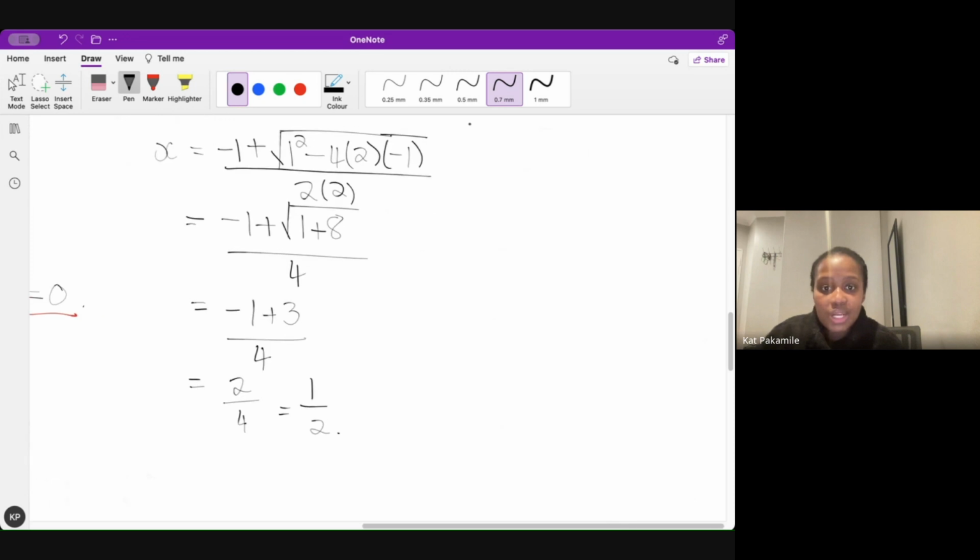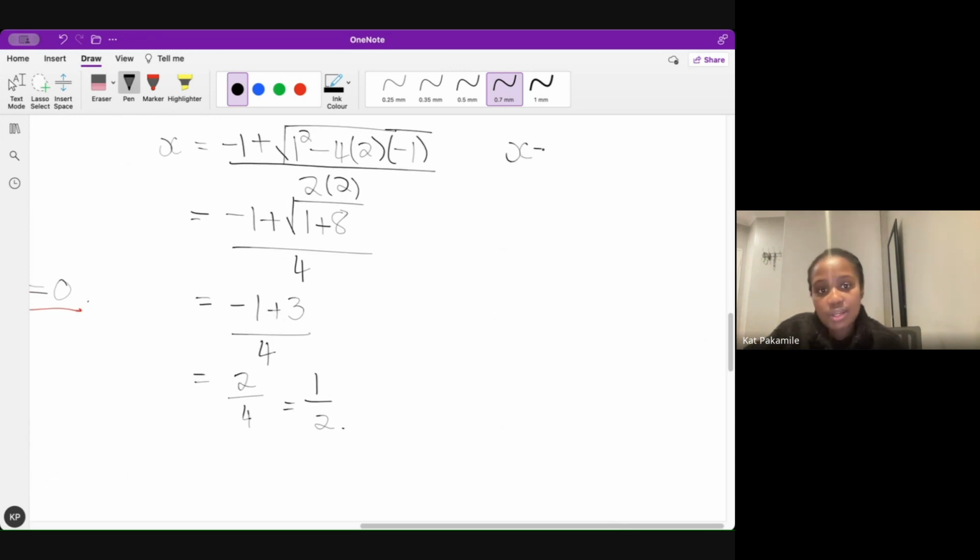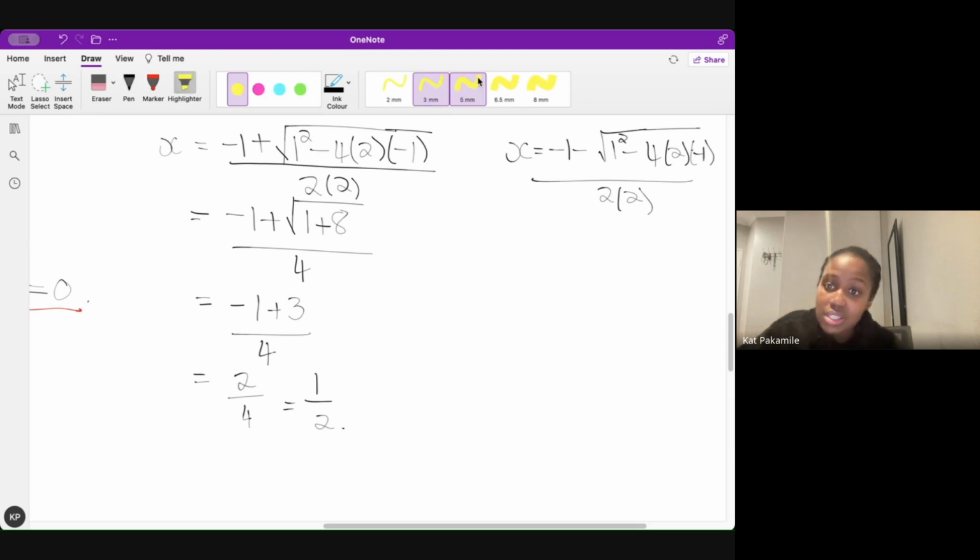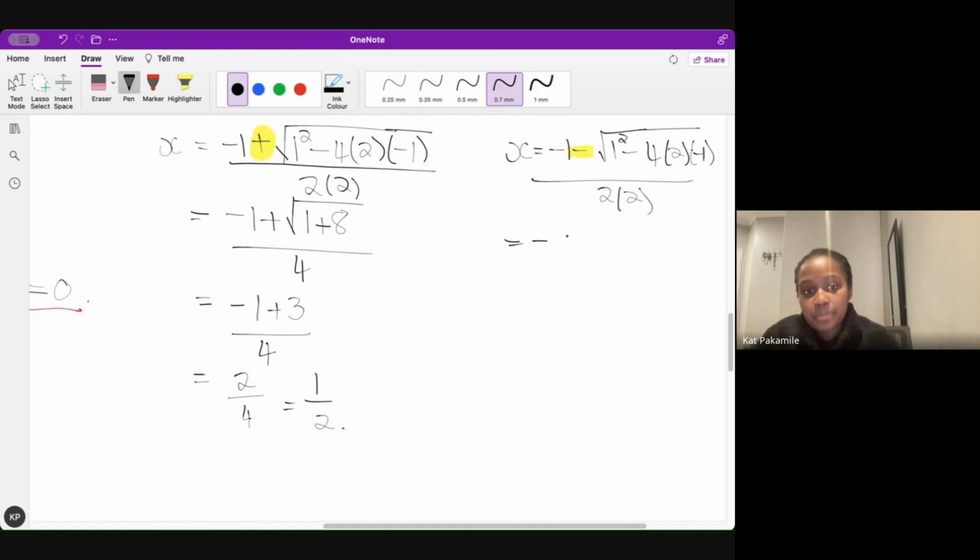And if I look quickly at doing my second one, x is equal to negative 1 minus the square root of 1 squared minus 4 times 2 times negative 1 over 2 times 2. So the numbers are going to be the same. The only difference in these two formulas are this minus and this plus over here. Okay. So, nope.